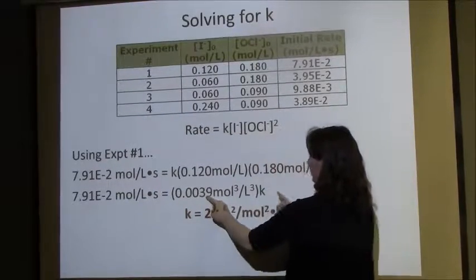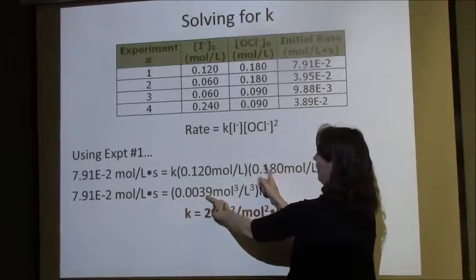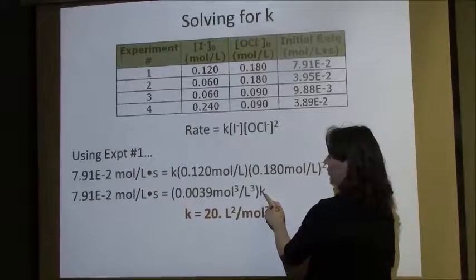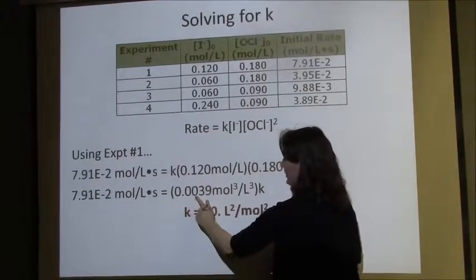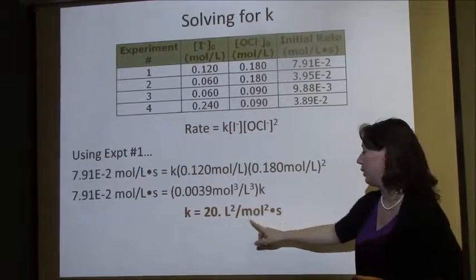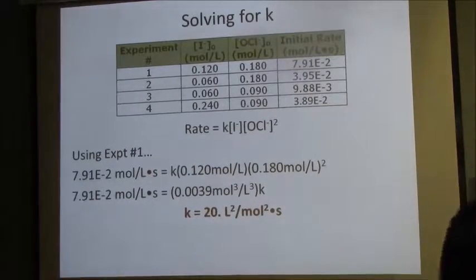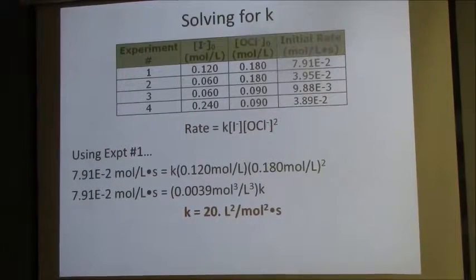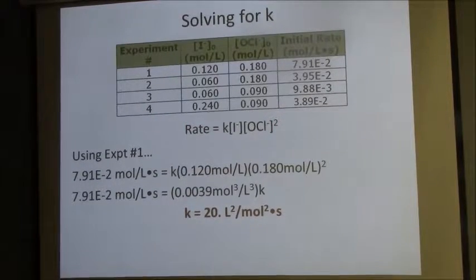We multiply this by itself and then multiply it by this. So that's what we get, and then k is what we're solving for, so we divide both sides by 0.0039. So k ends up being 20 liters squared per mole squared second. And now we know the specific rate law, so the specific rate law is right here, and we know the value of k, so we're all finished.